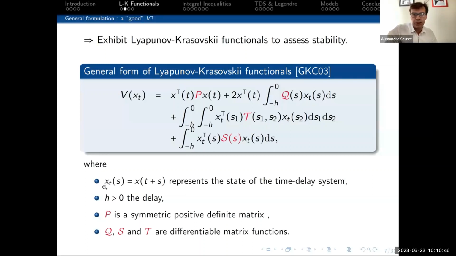In this formulation, x_t(s) represents the state of the time delay system, which is the vector x(t+s), where s varies within the delay interval. You have several parameters to find, P, Q, T, and S, that are either symmetric positive matrices or differentiable functions.